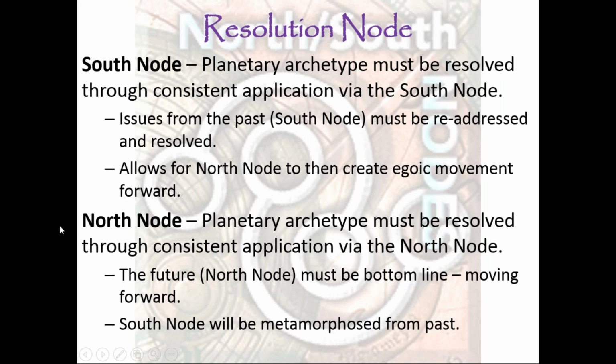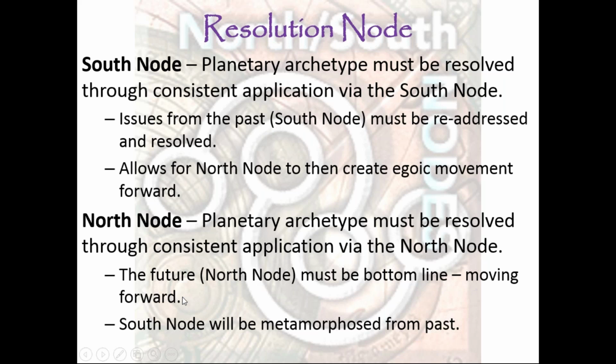When the resolution node is the north node, that planetary archetype must be resolved through consistent application via the north node. That means the future north node becomes the bottom line. It's time to move forward.